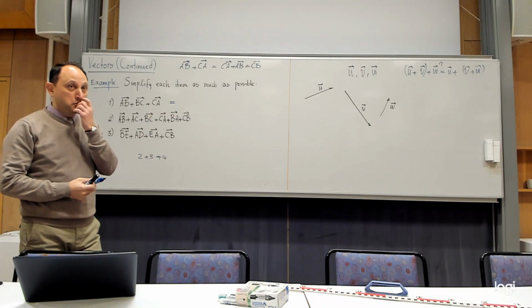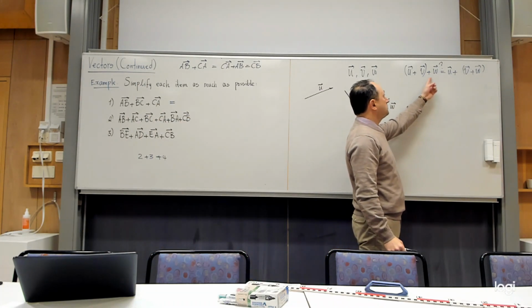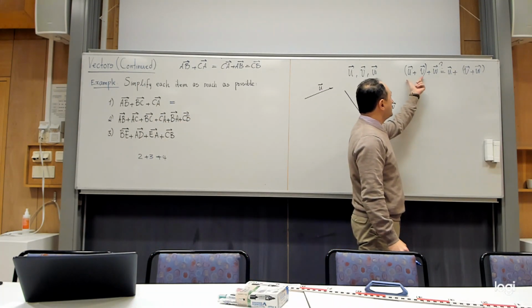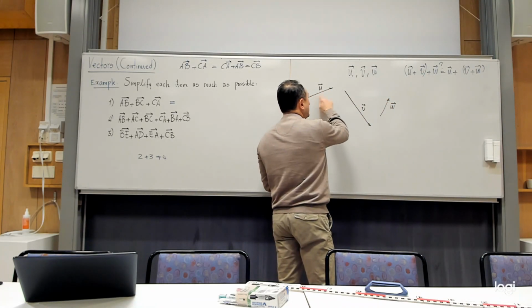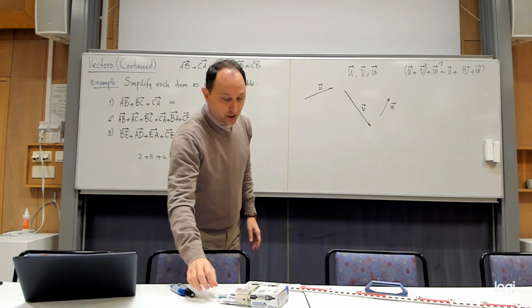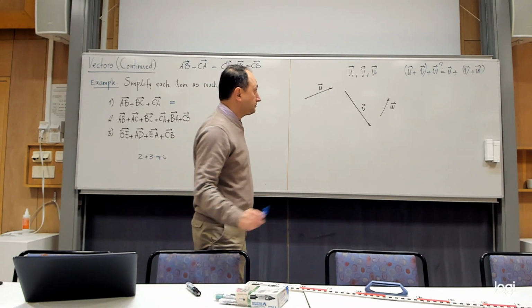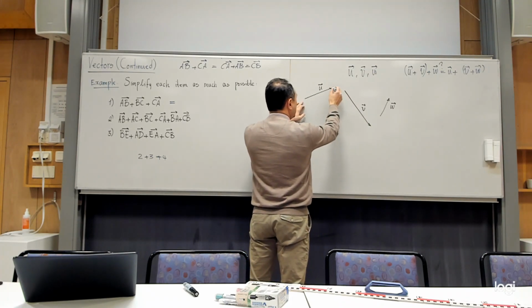So I want to draw this picture. The priority is with this operation, so it means that I have to add U and V first. So what should I do? Do you remember? If I want to add U and V, parallel transport. Yes, I have to parallel transport V from here.